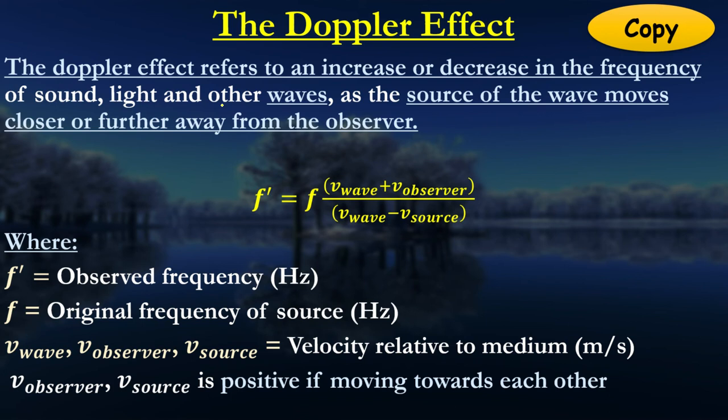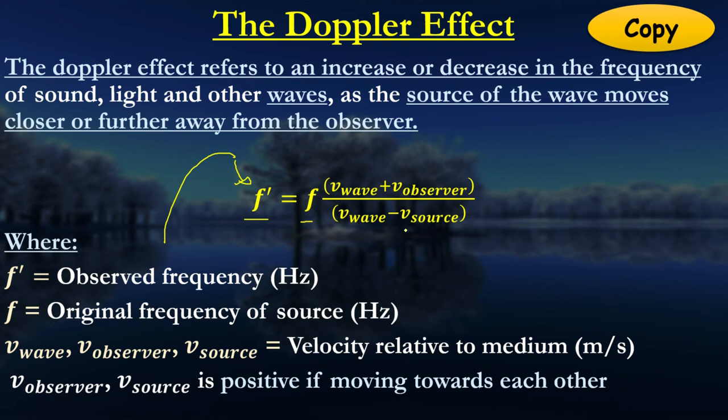Alright. So the Doppler effect refers to an increase or decrease in the frequency of sound or other waves, and we give it in this notation here. So we have f prime, the frequency that you observe, so that's the observed frequency. F is the original frequency you hear or see. V wave is the velocity of the wave. V observer, so that's whoever in the question you're looking at, or yourself. How fast are you traveling?